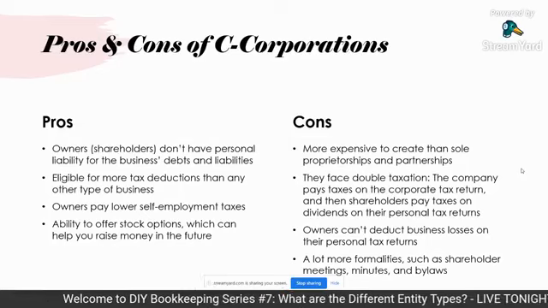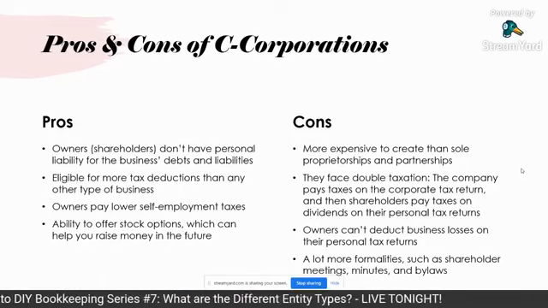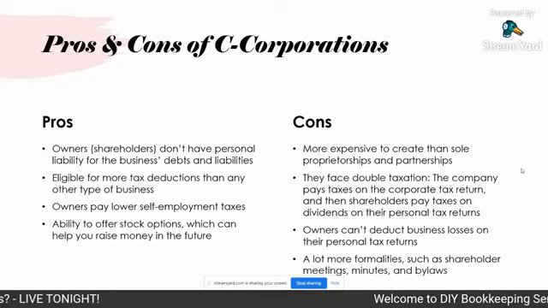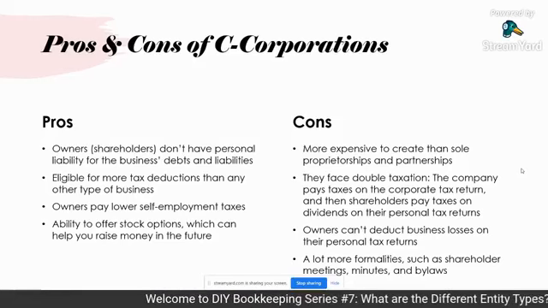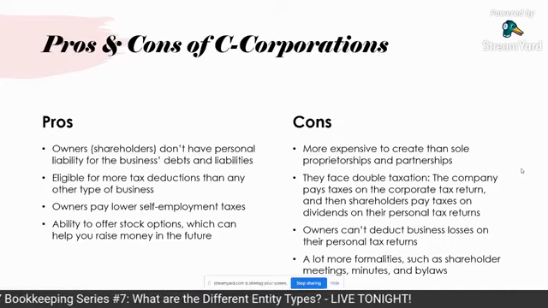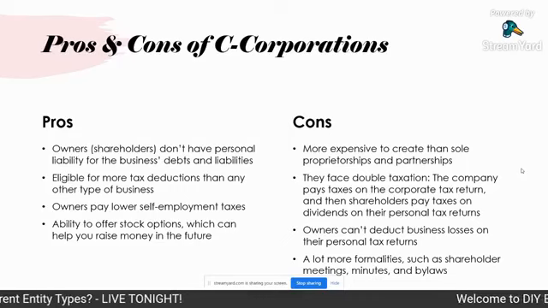Okay, so the cons of a C Corp is that it's more expensive to create than sole proprietorships and partnerships. They face, this is a big one, double taxation. The company pays taxes on the corporate tax return, and then the shareholders pay taxes on dividends on their personal returns.